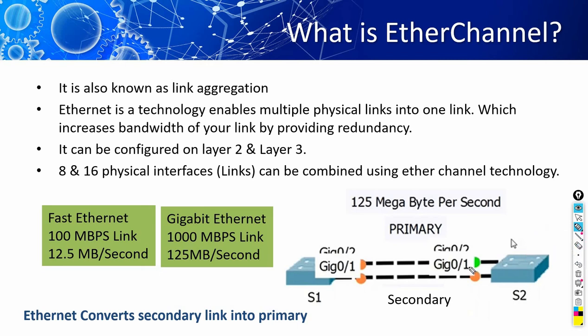So if you're looking at this diagram, you can see I wrote these two boxes here. The first box says let's suppose you have a Fast Ethernet channel, and on the Fast Ethernet channel it works like 12.5 megabytes per second. It transmits data from one workstation to another workstation.